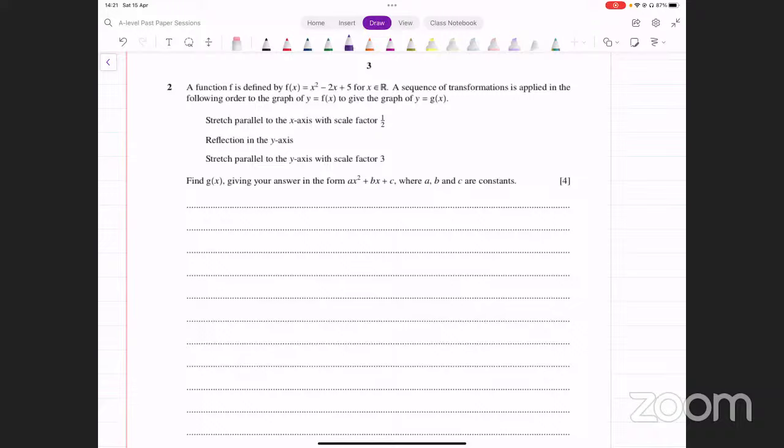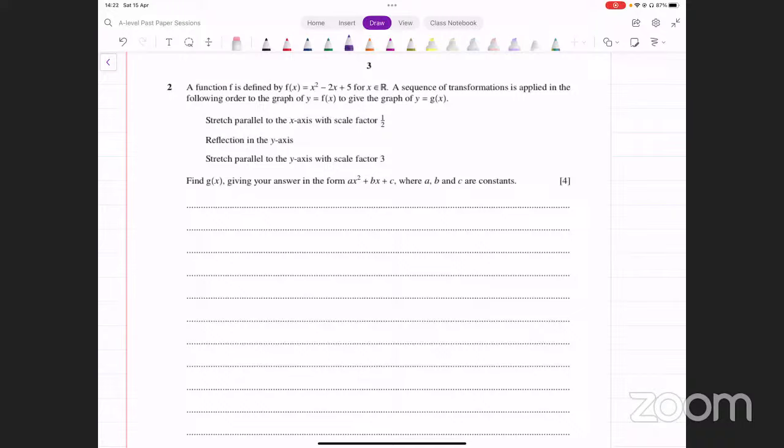A sequence of transformations is applied in the following order to the graph of y equals f of x to give the graph of y equals g of x. f of x पे आपने कुछ transformations apply की हैं और उससे आपने g of x बना दिया. What you have to do is you have to find g of x, giving your answer in the form ax² + bx + c, where a, b, and c are constants. Okay. Now, how do we think about this?